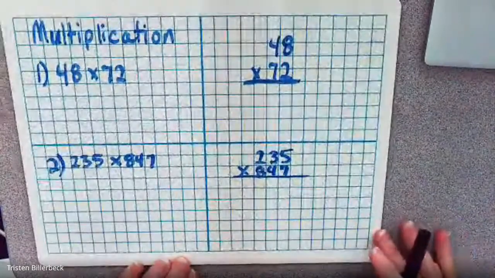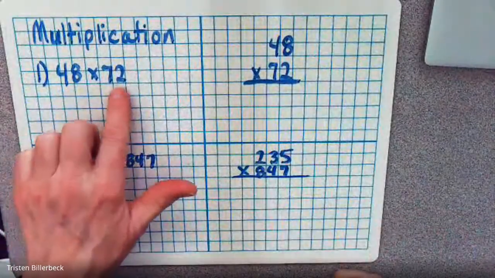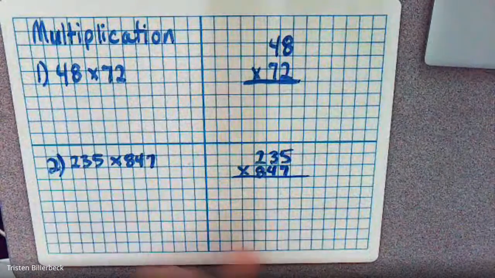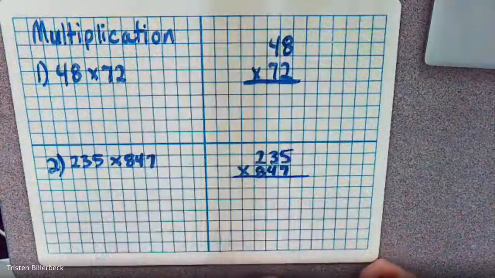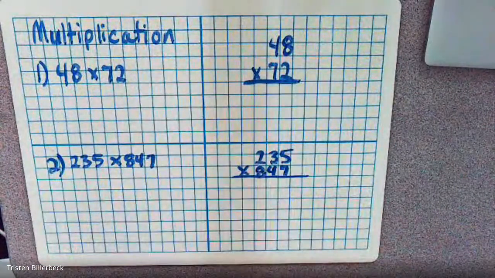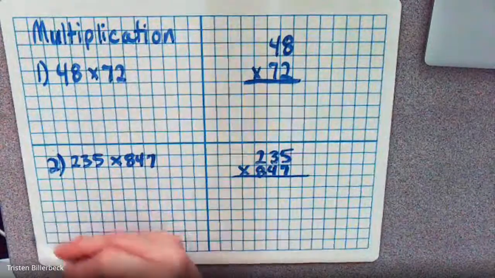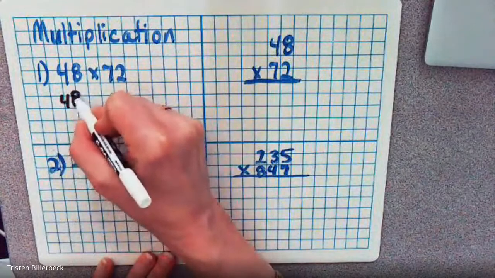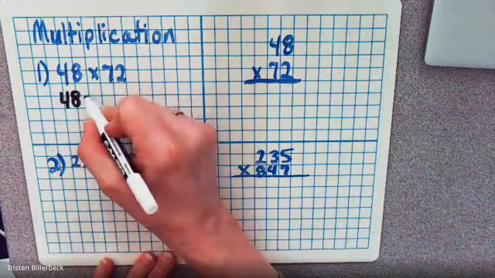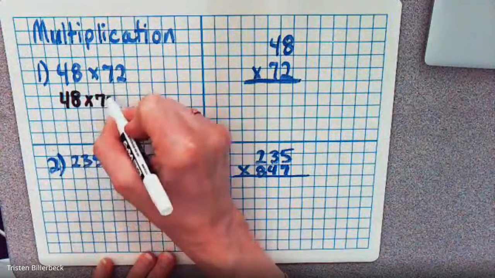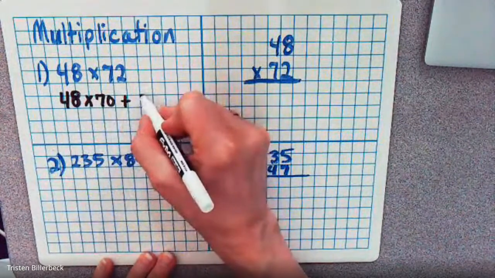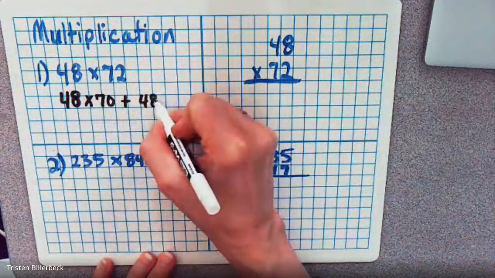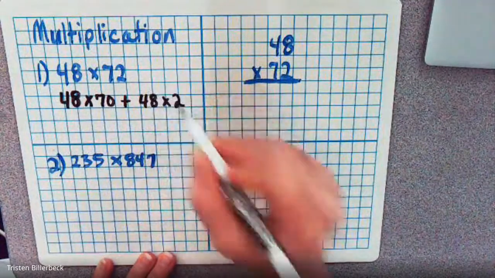All right, so when we're multiplying something like 48 times 72, we would normally set it up in columns like this. So what we're going to actually do is 48 times 70 plus 48 times 2.